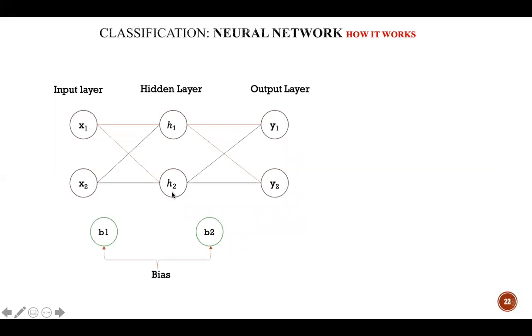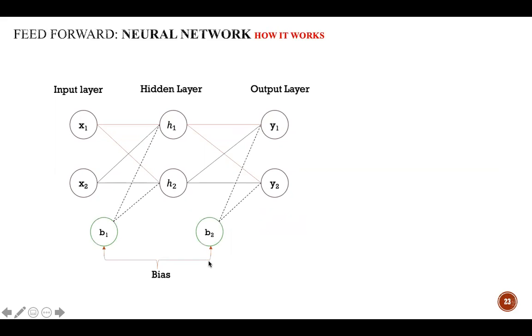Now, of course, we said you have bias because you have two connections here. So you will have two biases here. So the first one, let's say this is B1 and B2, and bias 1 will be connected to H1 and H2, and bias 2 will be connected to Y1 and Y2. And what are these connections? These connections are simply weights that you generate from scratch.